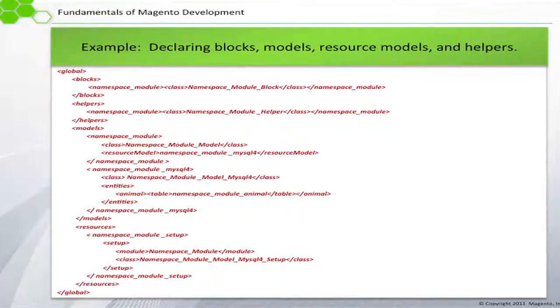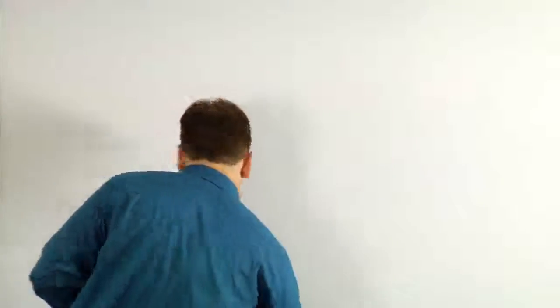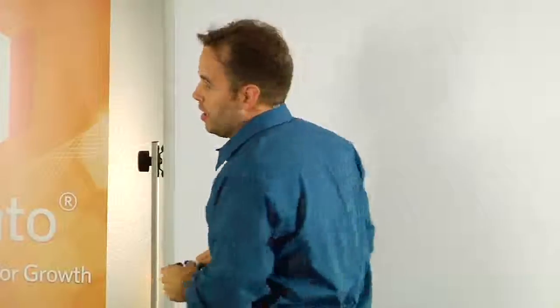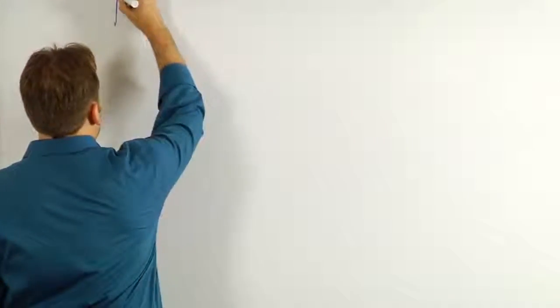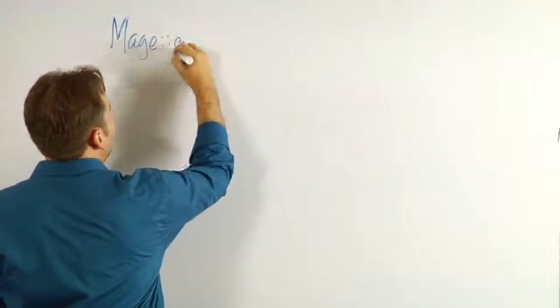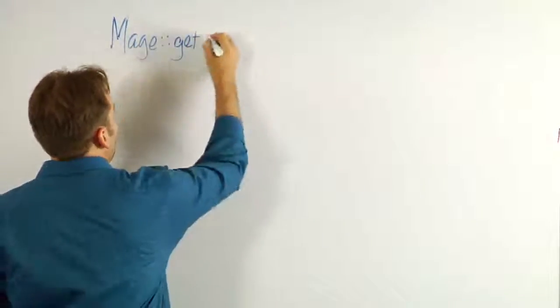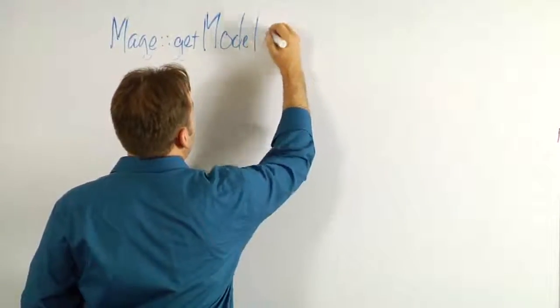So now I could call for this, for example, for a helper. I could say namespace module, let me see, Mage helper, and then in Mage helper I could put, based on what's configured here for blocks, helpers, models, I could do for the helper, let's say Mage. Well, I'll do getModel since I've started writing get. getModel.